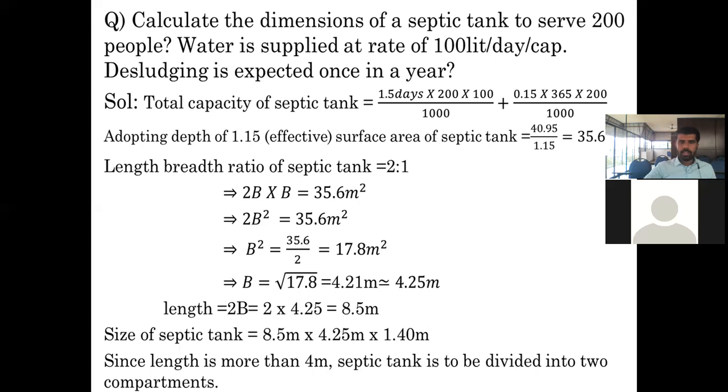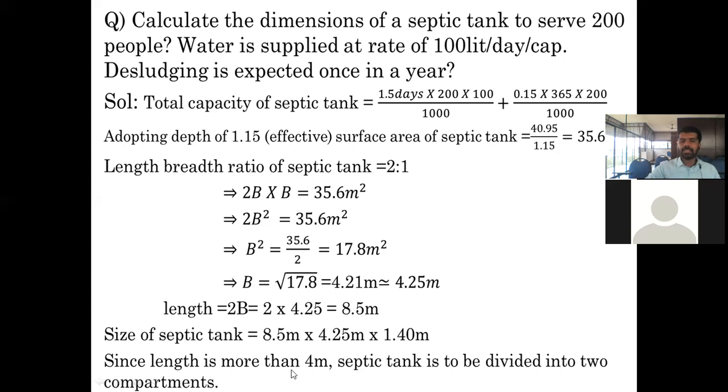So if you are giving 30, it will be 1.45, correct? You can write the size of the septic tank as 8.5 into 4.25 into 1.4. So this is the size of the septic tank.